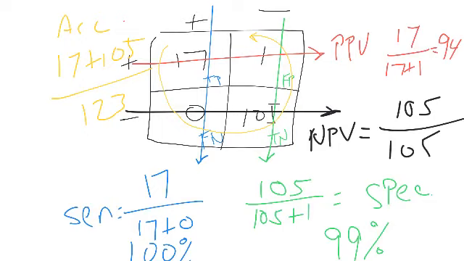Negative predictive value was, let's see here, yeah, 100%. And our accuracy in this case was 122 over 123.